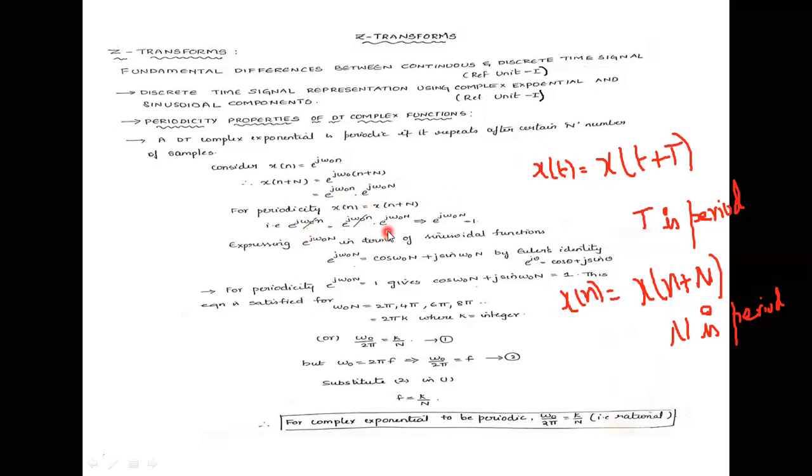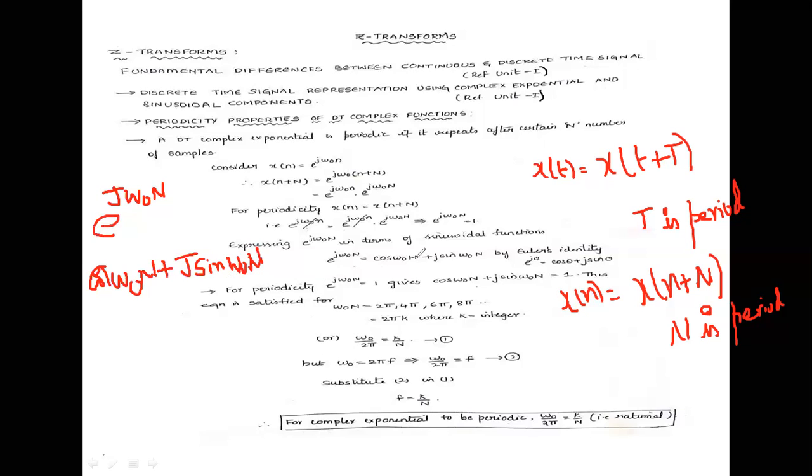Now, what is e power j omega naught n? You can write it in terms of the cosine function and the sine function: cos omega naught n plus j sine omega naught n.